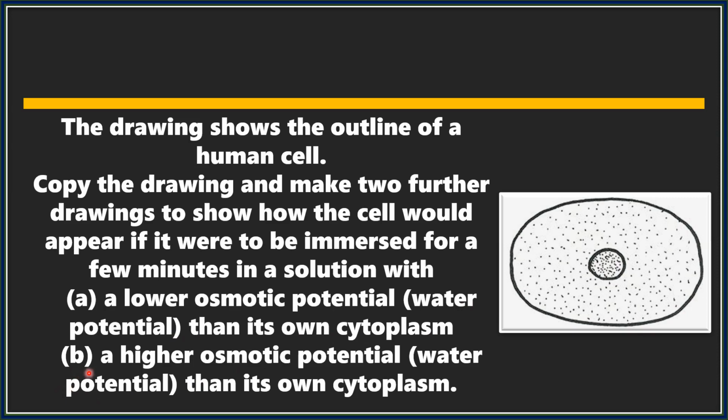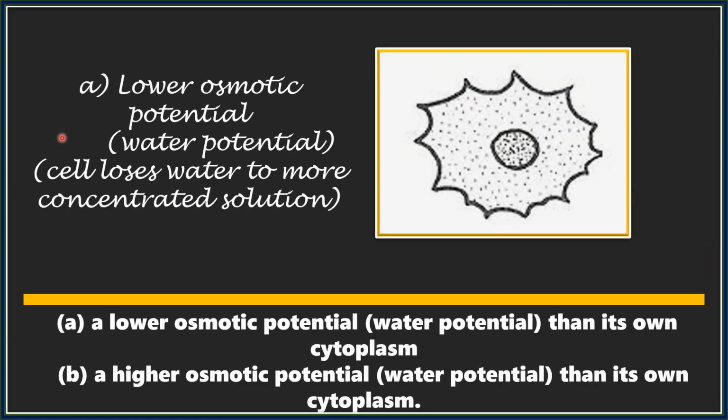B, higher osmotic potential, higher water potential than its own cytoplasm. Pause and think about it. Lower osmotic potential, lower water potential than its own cytoplasm.